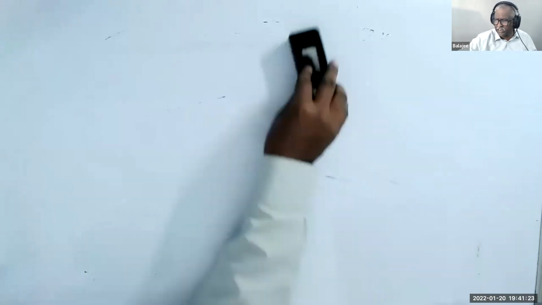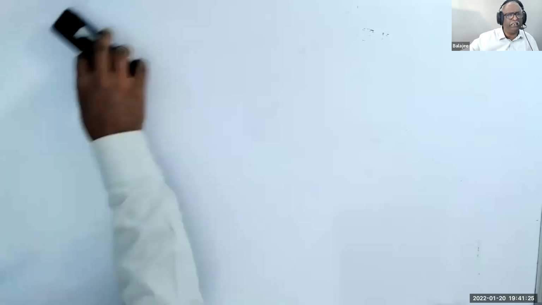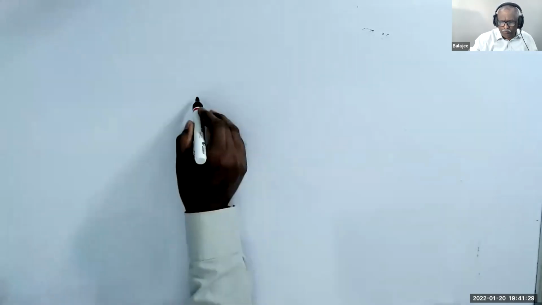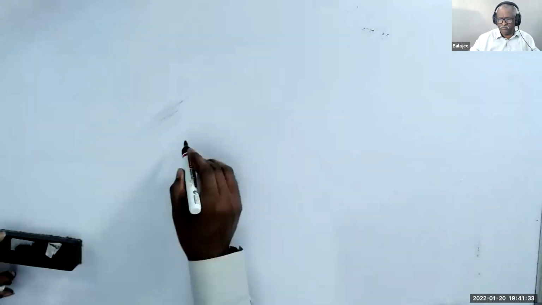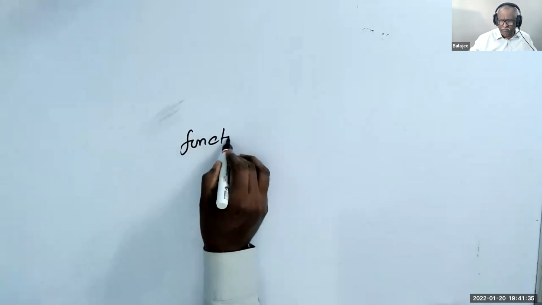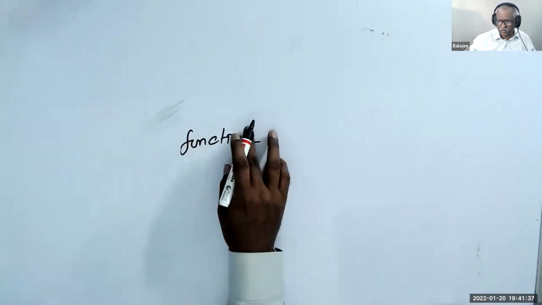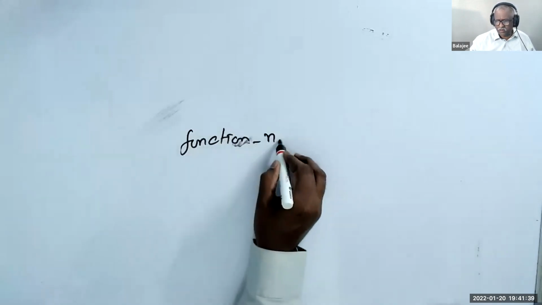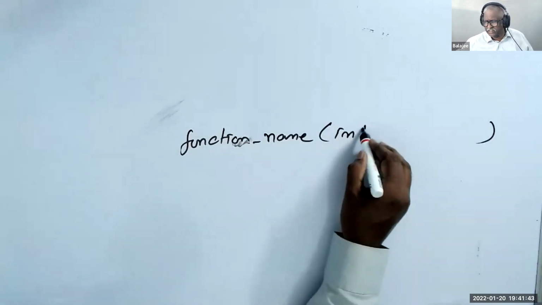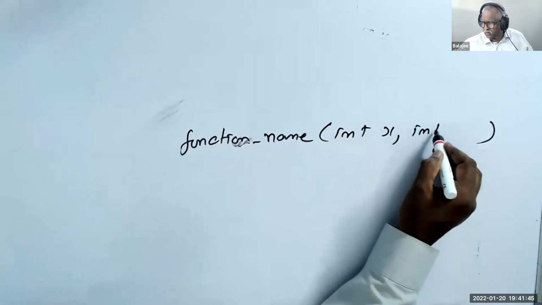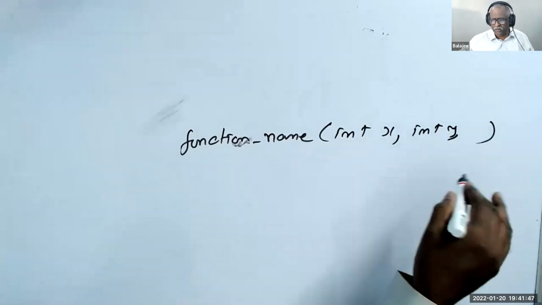So this is what generally a function is. We will learn about other functions later. First understand how to pass the parameter in a function. Function name, and you pass whatever it is. Int x, int y, whatever it is.